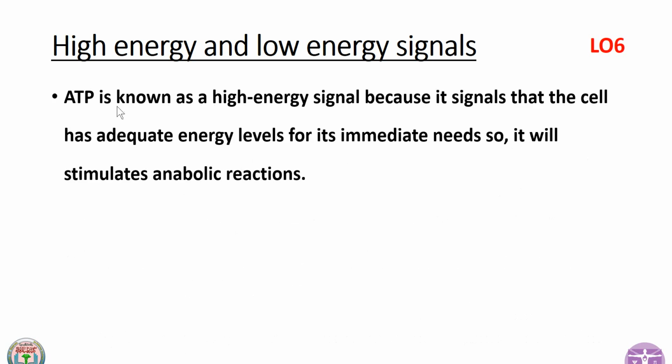So ATP is known as a high energy signal because it signals that the cell has an adequate energy level for its immediate need, so it will stimulate an anabolic reaction. So when there is high energy in the cell, indicated by a high level of ATP, the cell will convert its process from catabolism to anabolism.